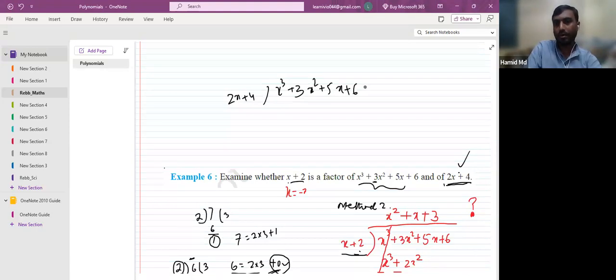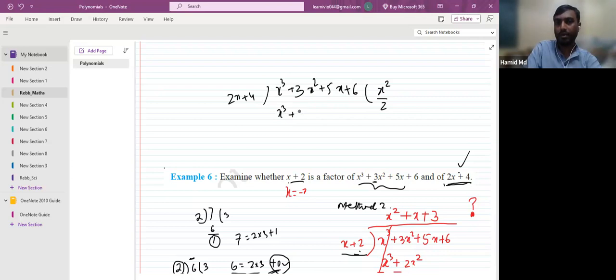How will you do it? First, we have to bring the cube, so it will be multiplied by x square, but we want 1, so we will divide it by 2. So x cube by 2 divided by 2 will only give you x cube.